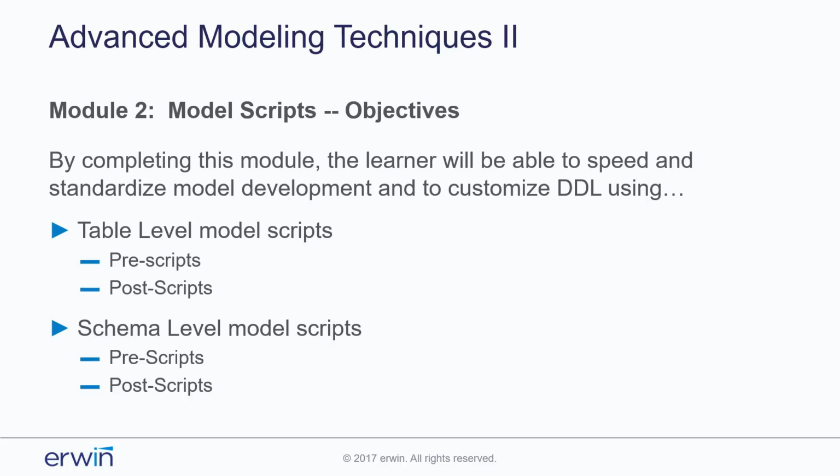And a table-level postscript will run after that table or tables has generated. Scripts that run at the schema level will appear either before everything else all the way up the top of the script, or post after everything else all the way at the bottom of the script. This is the flexibility we need.